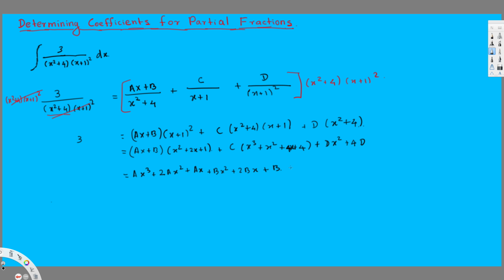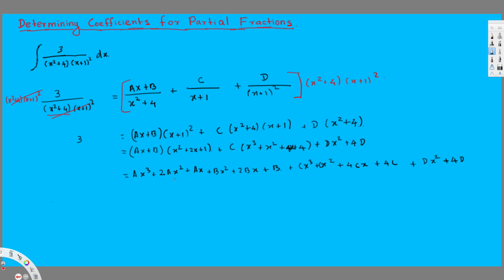Then I'm going to multiply this by c: we are going to have cx cubed plus cx squared plus 4cx, then we are going to have 4c, right? The last one is dx squared plus 4d. So let's separate all the powers.